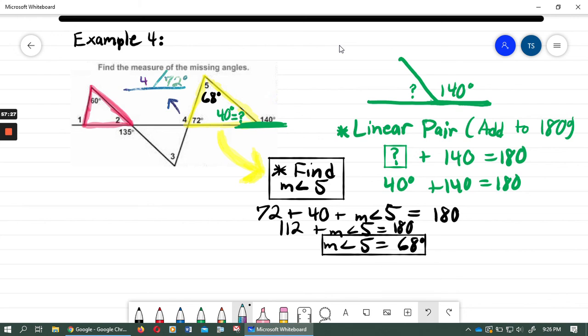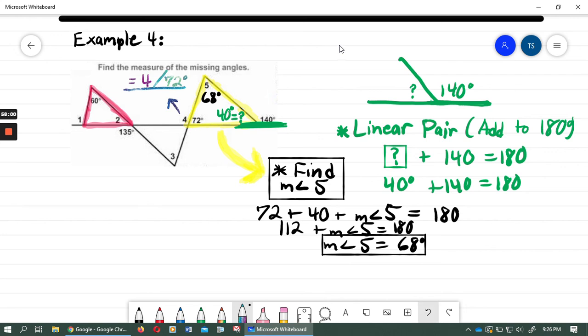So you should be able to figure out what this other angle is if you know that these two angles add to give you 180 degrees. So some angle measurement plus 72 adds to give you 180 degrees. The only thing that works there is that the measure of angle 4 has to be 108 degrees.